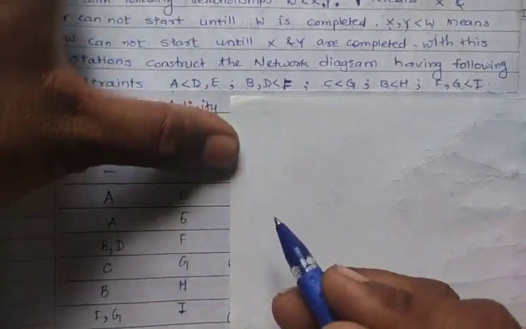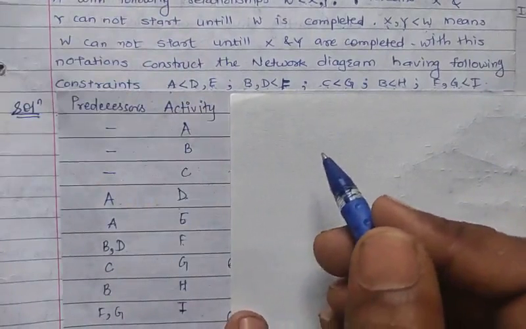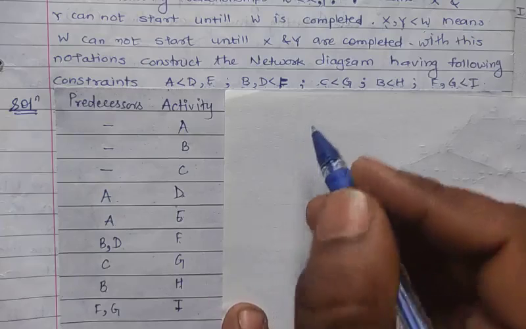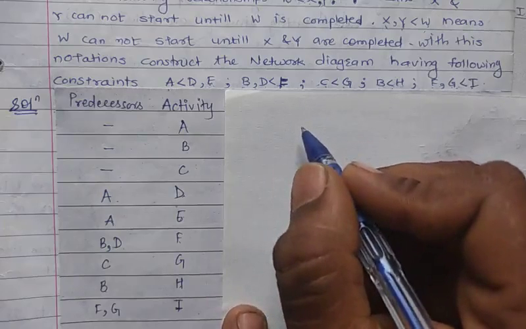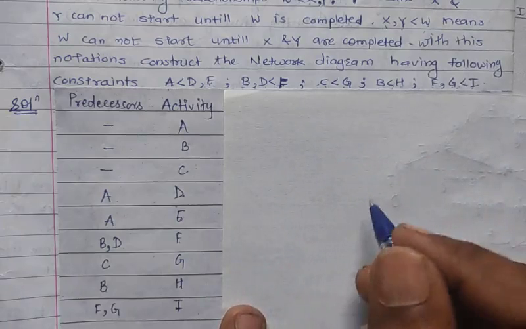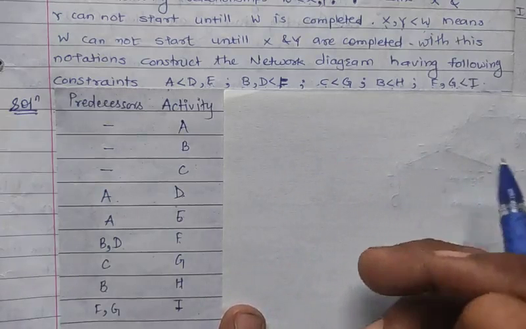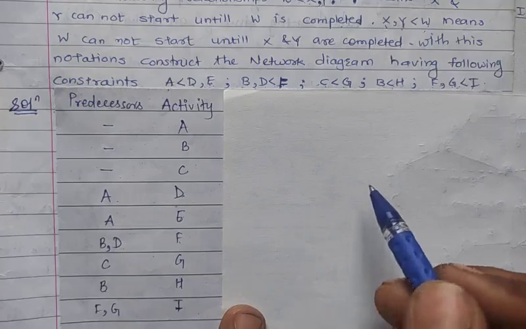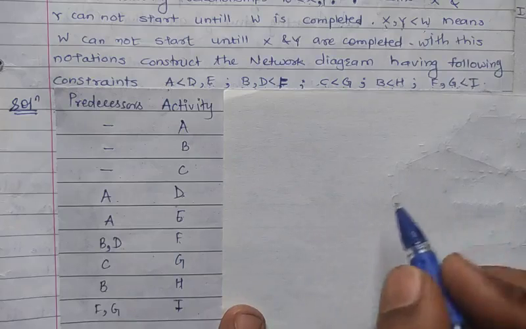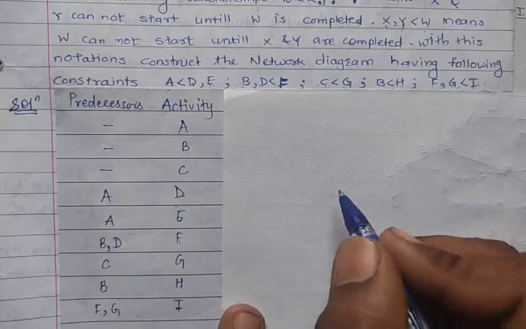Now we want to draw the network diagram. So first draw a rough network diagram, and if it is complicated, we make it simple, and if it is possible to remove some dummy activities, we find its final network diagram.